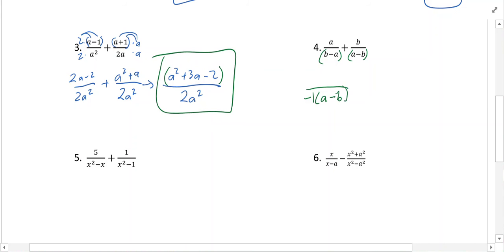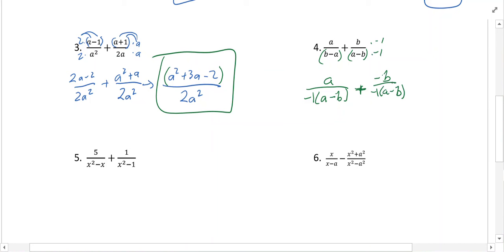So when I do that, in the first fraction I get a over negative 1 parentheses a minus b, plus here. So now the part of the denominator that it needs is the negative 1. So I can multiply negative 1 to the top and to the bottom.